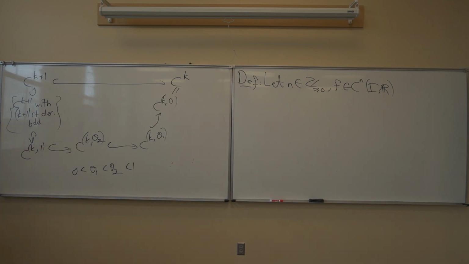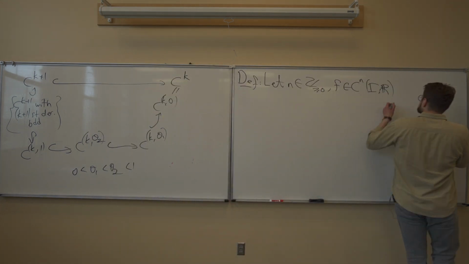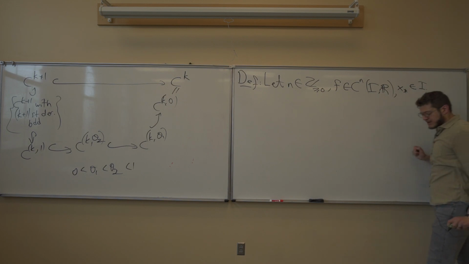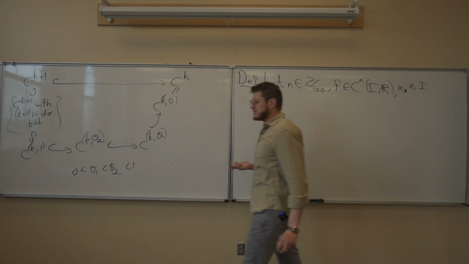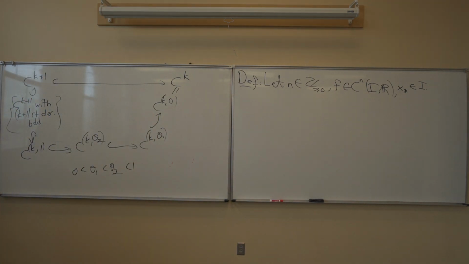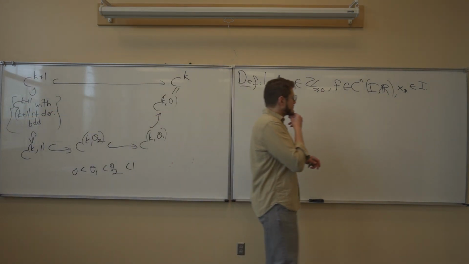And I'm going to take an x star, a base point, in my interval I. Then the Taylor polynomial of order n of f at x star is basically the partial sum of the alleged Taylor series, of this infinite expansion, up to power n, up to order n.